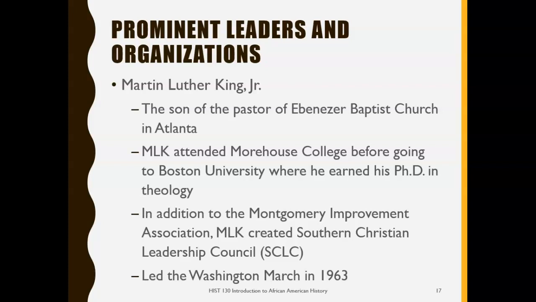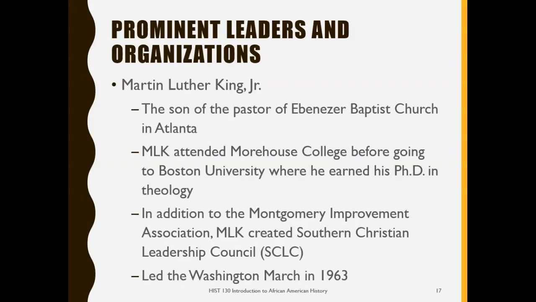So now, who were the most prominent leaders and organizations of the civil rights movement of the 1950s and 1960s? The most prominent leader was obviously Martin Luther King Jr. Martin Luther King Jr. was the son of a pastor of Ebenezer Baptist Church in Atlanta.